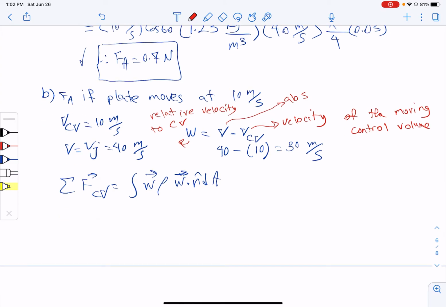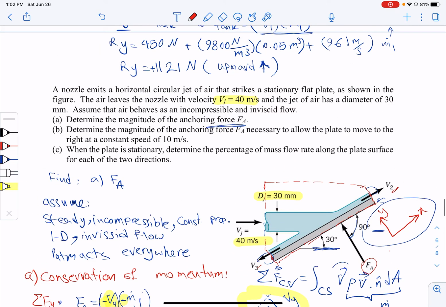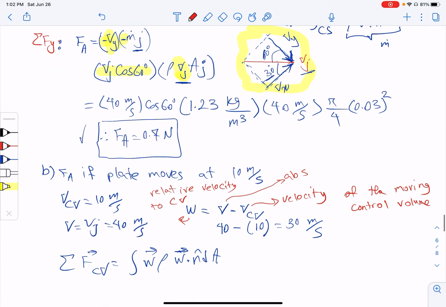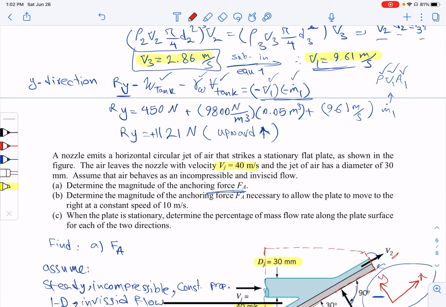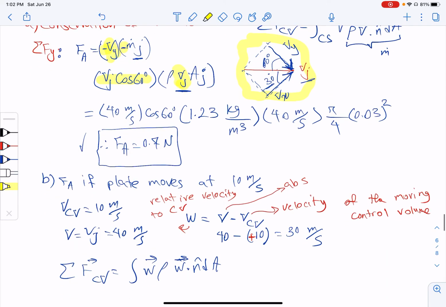And let me just see. And we also consider this as positive right here, because it said that it's going to be to the right at a constant speed of 10 meter per second, right? So it was like this if I want to show it to you.